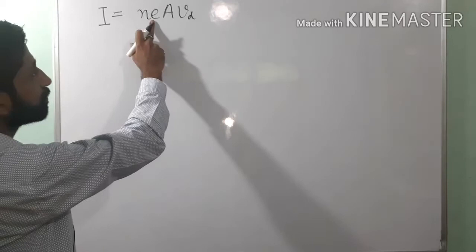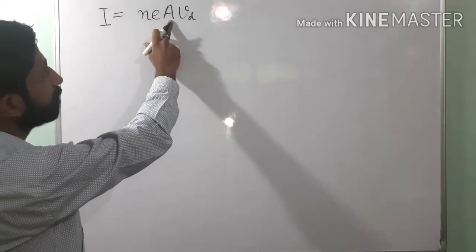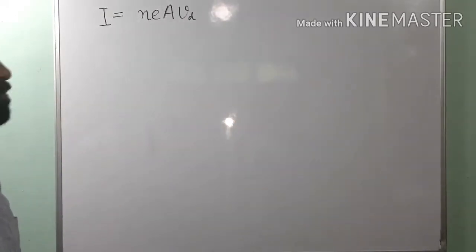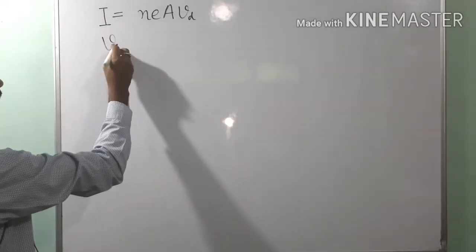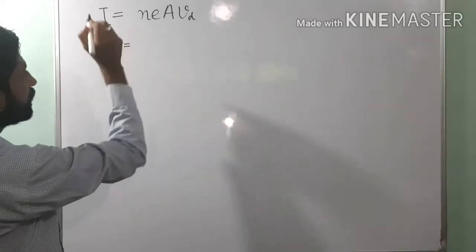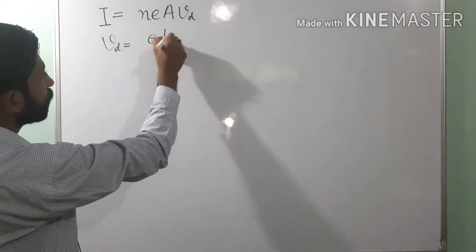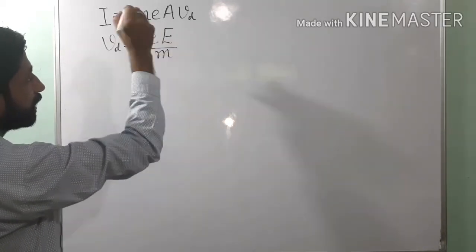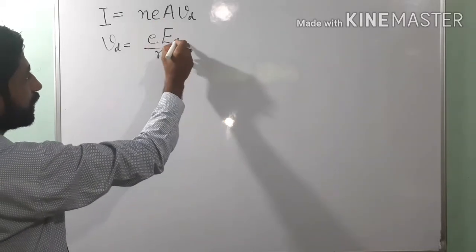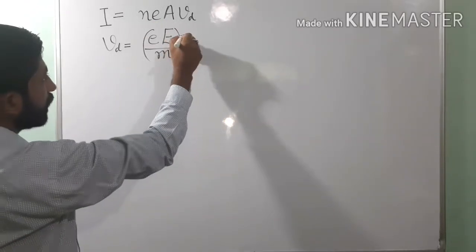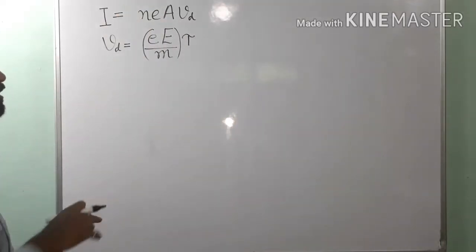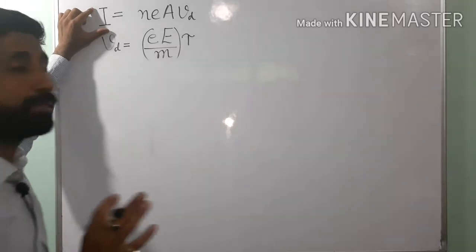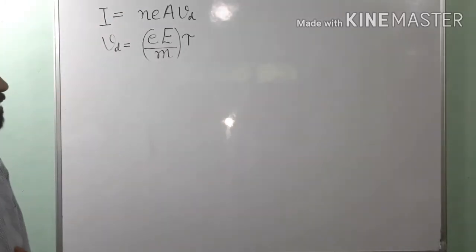And these are the common symbols, that is e the charge on electron, A the area of cross section of the conductor, and Vd, this is what? The drift velocity. And further we have that Vd = (F/m) τ, force on a charged particle divided by mass, that is acceleration of the charged particle, multiplied by the relaxation time. So these are the two very important relations so far we had developed or derived.